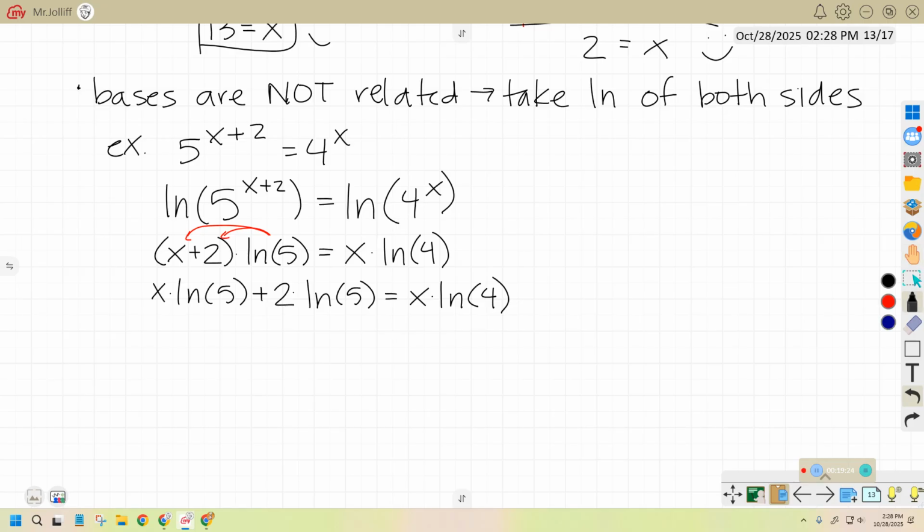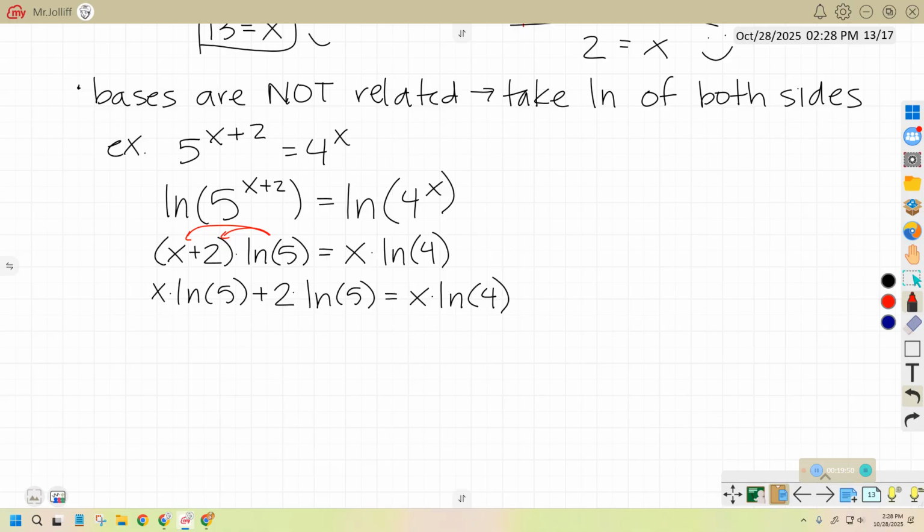I'm at the stage where I was in the last couple examples where I want the x's on one side and the numbers on the other. And we're going to approach it the same way that we did in the last couple examples. Subtract the x with the smaller coefficient from both sides. Add or subtract the numbers from both sides, yeah?